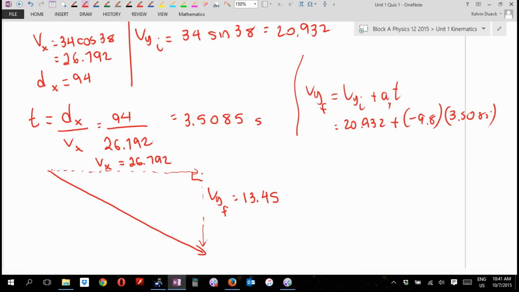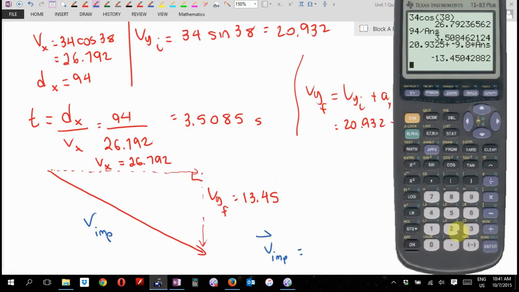You mean after all this, it's Math 8? I'll love it. V impact, which is this right here, is going to be that number squared plus 26.792 squared, square root.